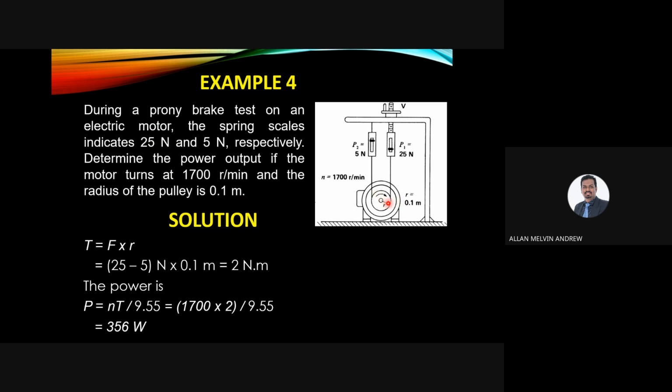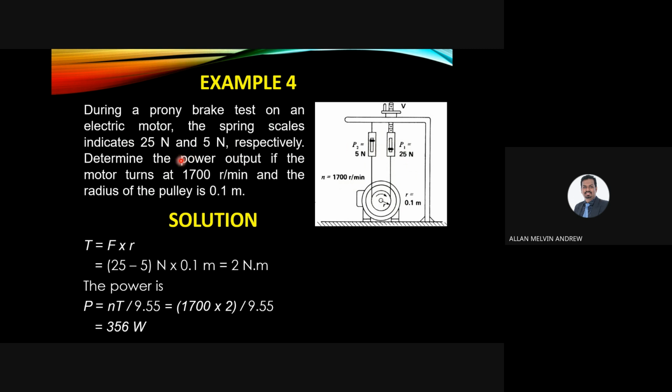So the radius is 0.1, and N is given as 1700 revolutions per minute. There are two spring scales. P1 is measuring the downward force and P2 is measuring the upward force, so they cancel each other. We can find the differential.